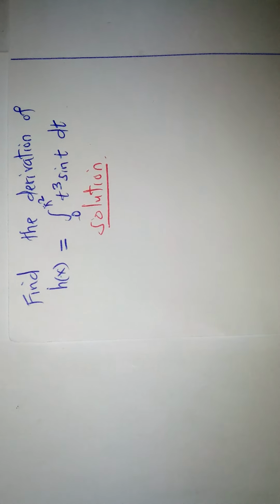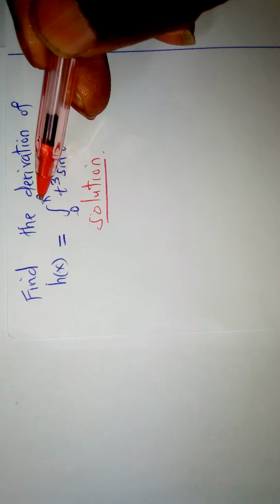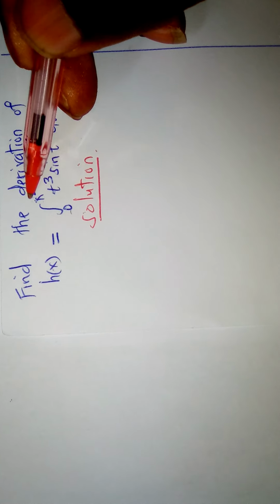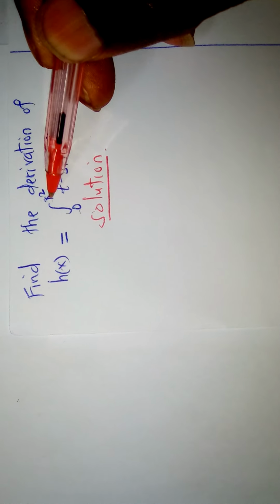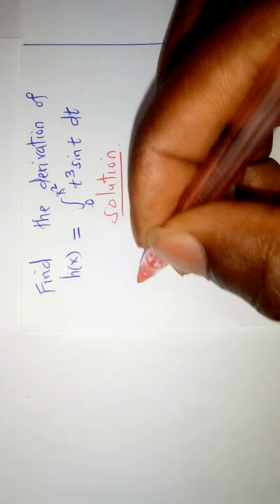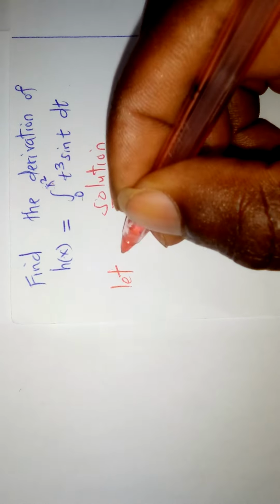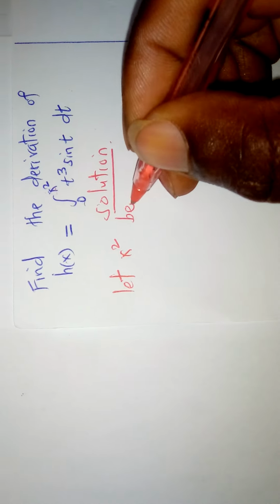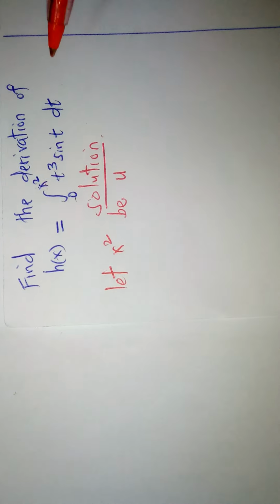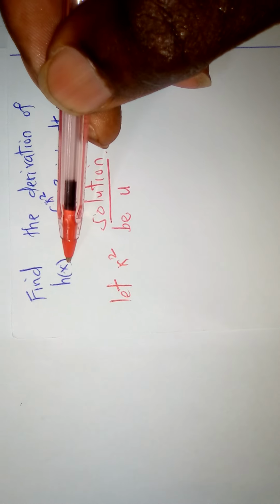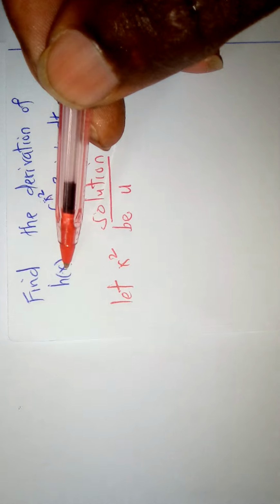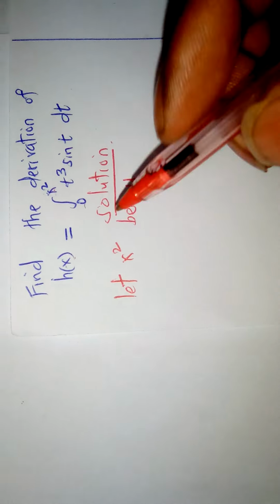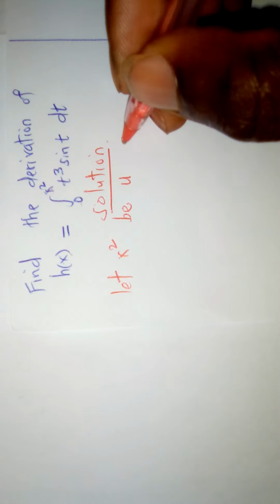The solution: you are supposed to let this x squared be u. That is the first step. So you come here and say, let x squared be u. Then remember, I'm having h(x), so we can as well say let h(x) be y.